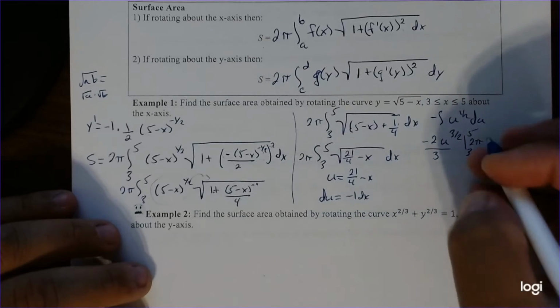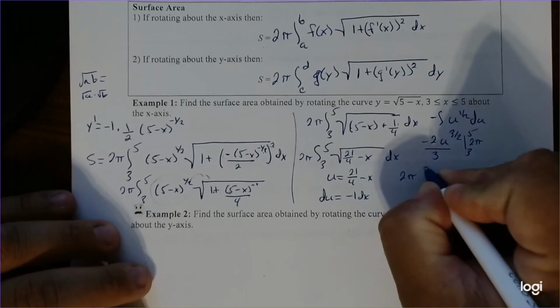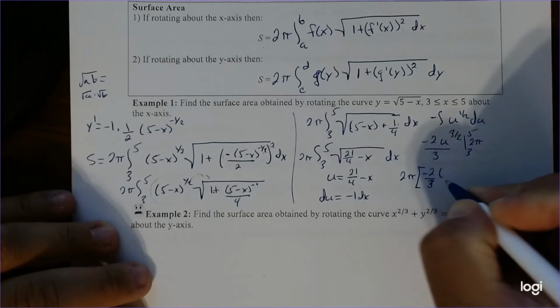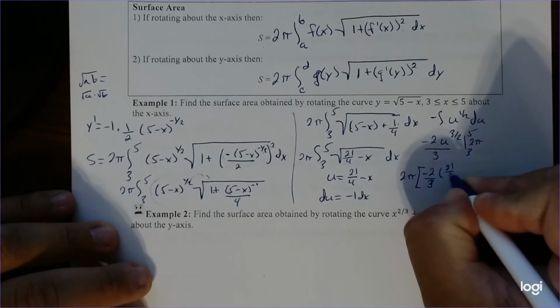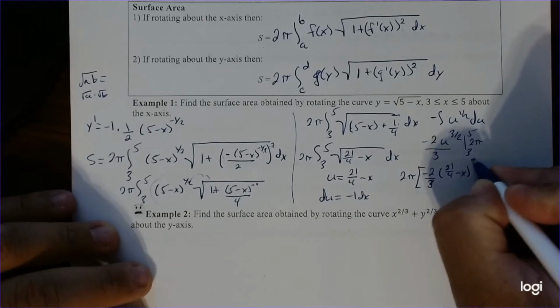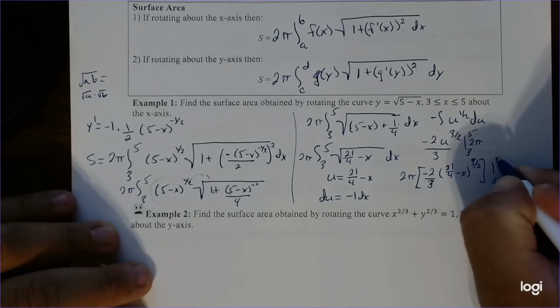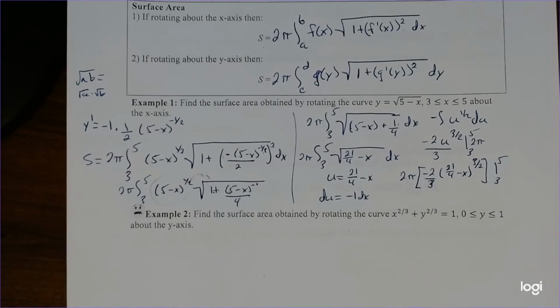So this is going to be 2 pi times -2/3 of 21/4 minus x raised to the 3/2, evaluated at 3 and 5. Then we just plug them in like normal: plug in 5, plug in 3, and see what we get out.